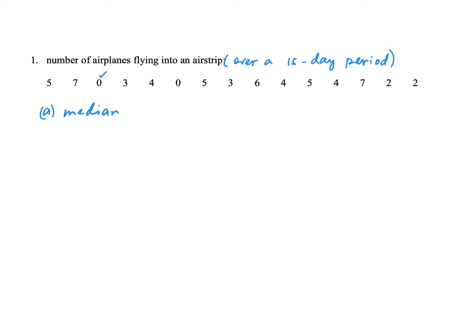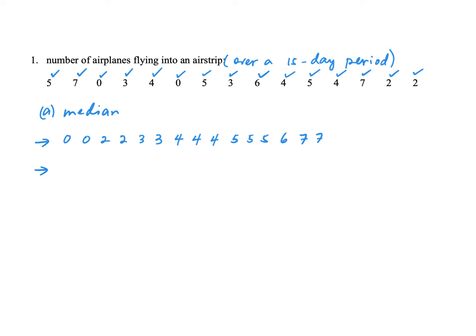So here we have 2 zeros, 2 twos, 2 threes, 3 fours, 3 fives, we have 1 six, and 2 sevens.